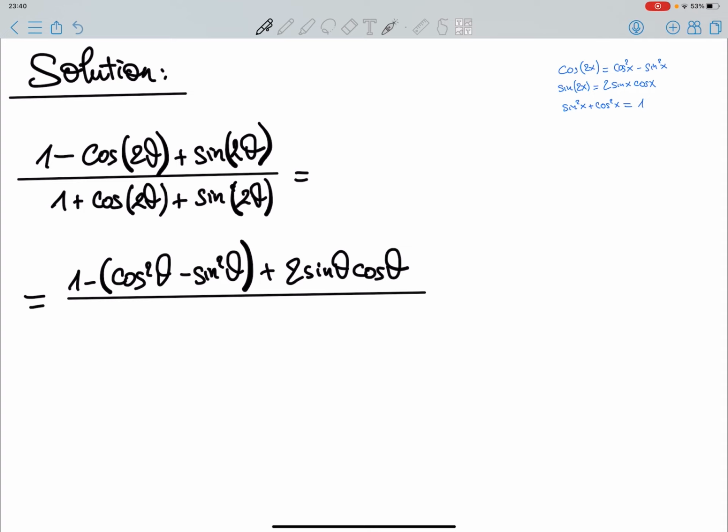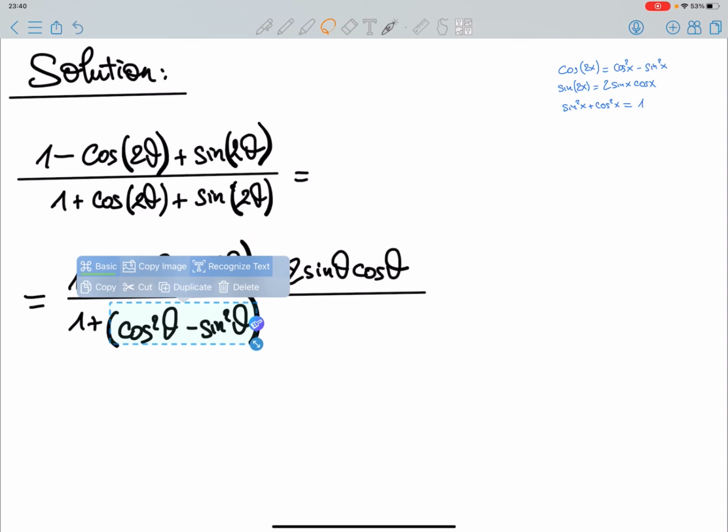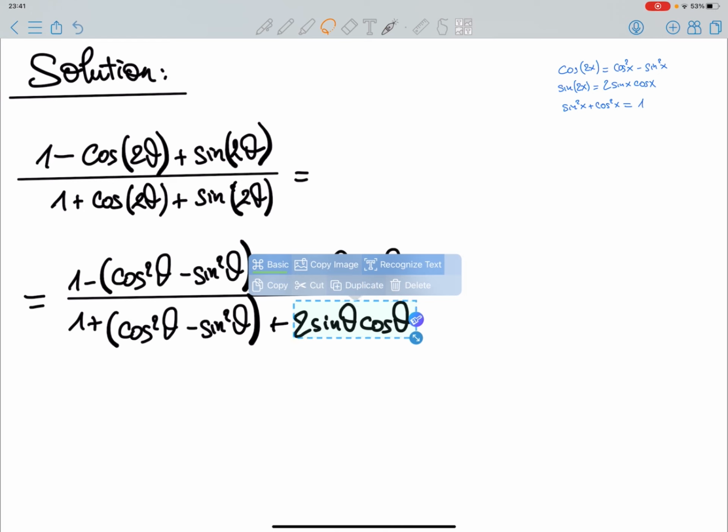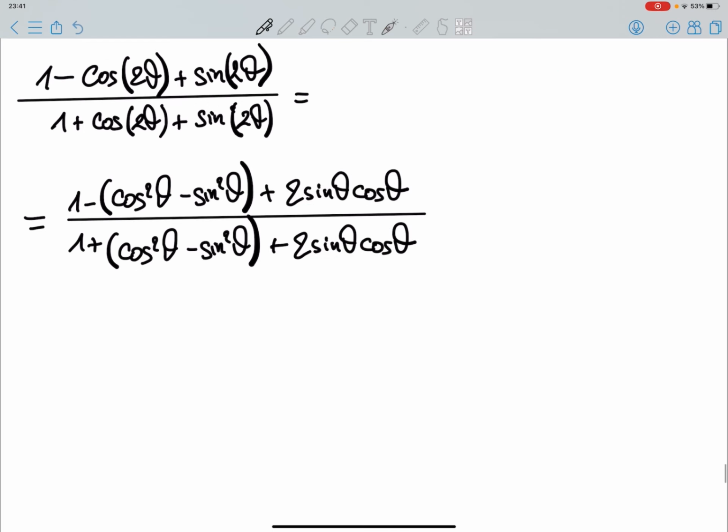And on the denominator we have 1 plus, and same thing, right? We can copy this, put it here, and then we have plus, same thing here, right? Now we can remove the brackets.